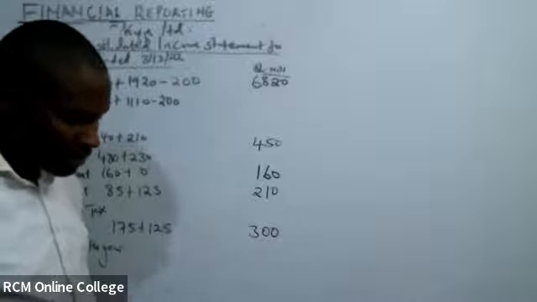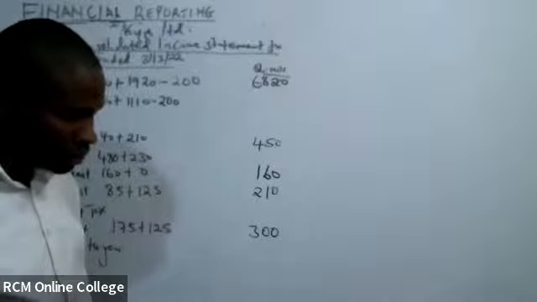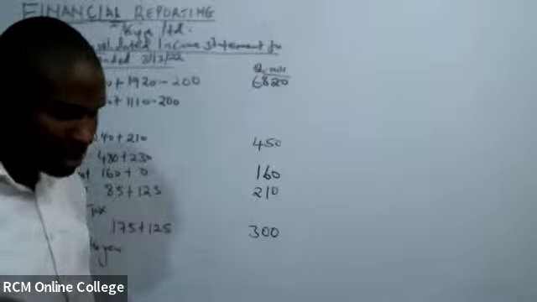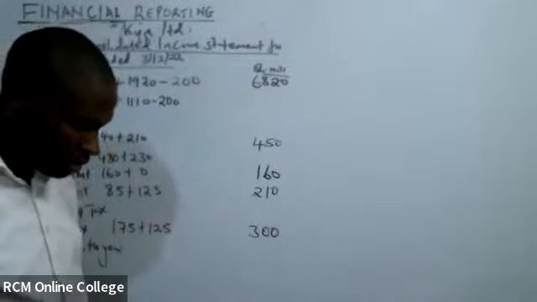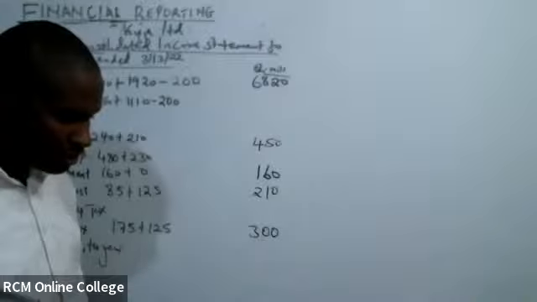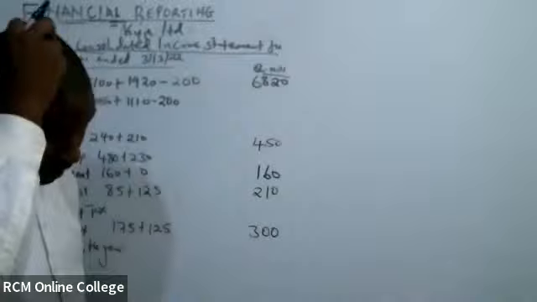So if my intercompany sales is 200, I've been told that YPX Limited reports a gross profit markup. Then on all its sales, YPX Limited still had 25% of these goods in its inventory.